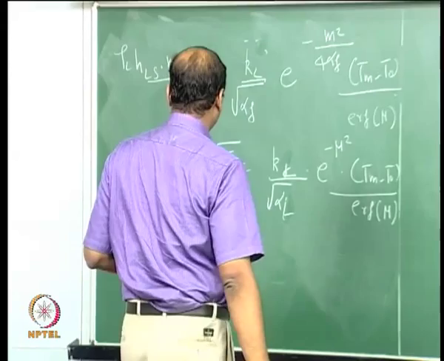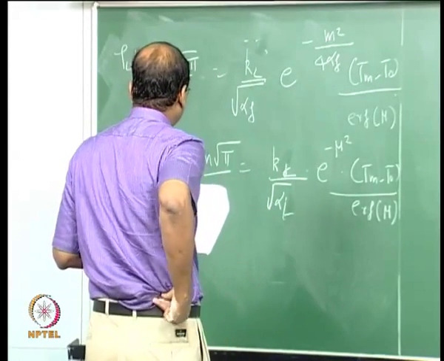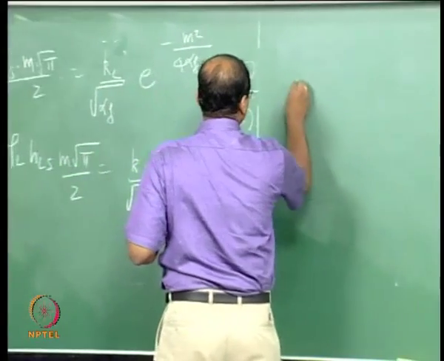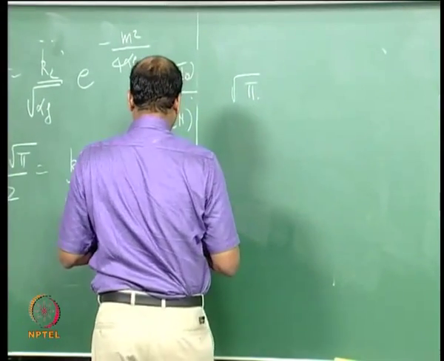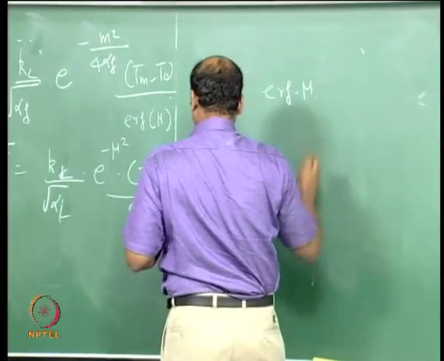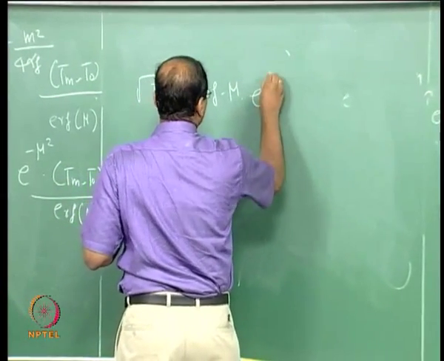Now I have to introduce a Stefan number. So what I can do is, root pi, error function of mu, into e to the power of mu square.